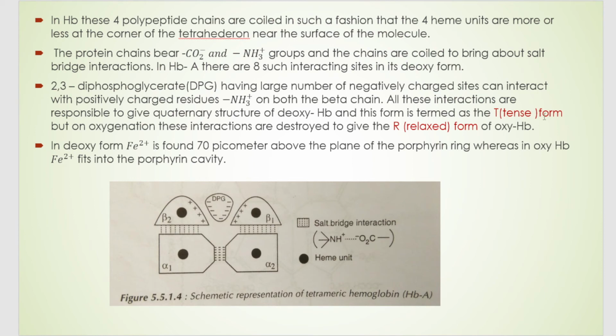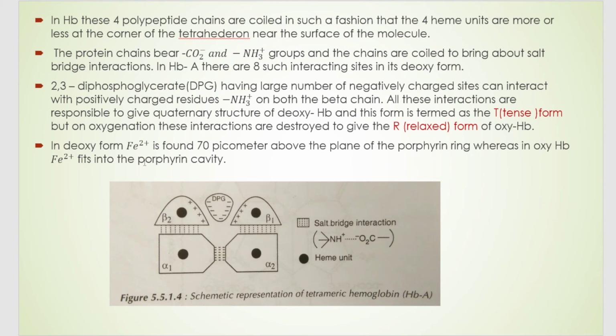Why? Because in the tensed form it has salt bridge interactions, whereas in the relaxed form it is oxygenated. As soon as it gets oxygenated, the salt bridge interactions are destroyed completely. There is no salt bridge interaction.